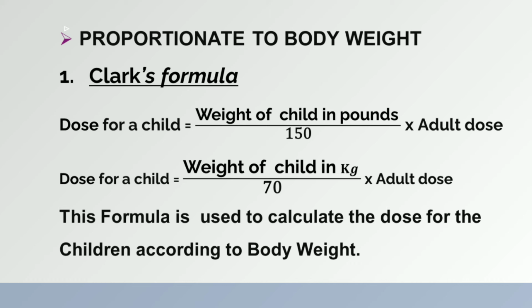Depending upon the unit, whether the weight of the child has been given in pounds or in kg, you can decide which formula to apply to get the right answer. This formula is used to calculate the dose for a child according to body weight.